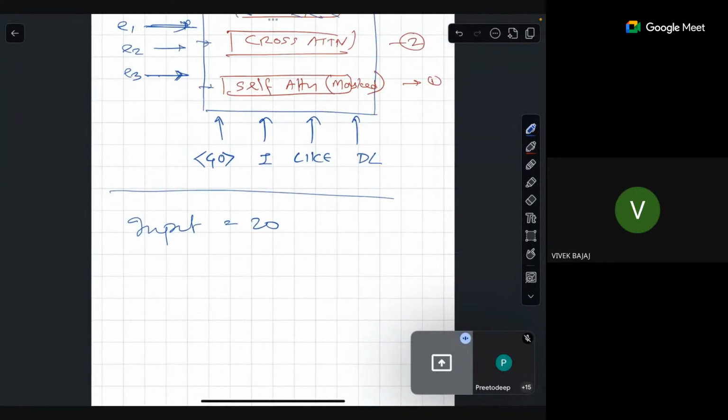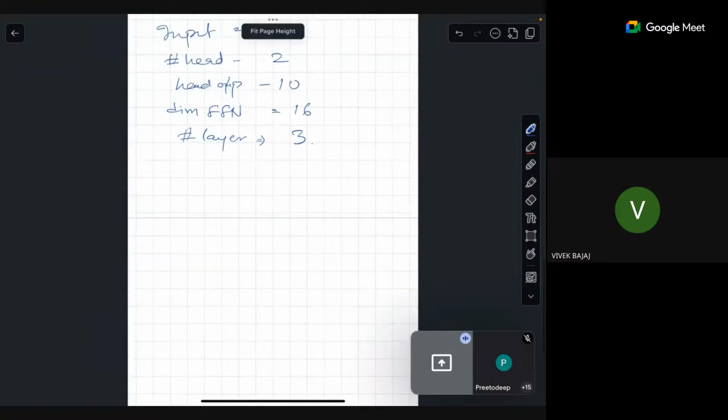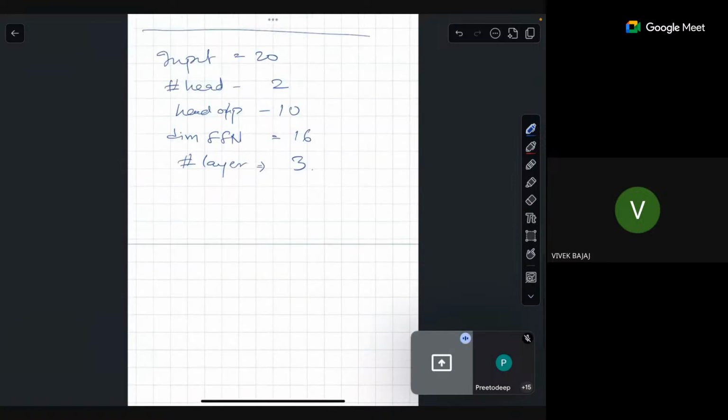The number of heads in masked self-attention is 2. Each head outputs a 10-dimensional vector. The dimension of the feed-forward network is 16. And the number of layers within the decoder is 3. Now let's discuss what you did and we can debug from there.